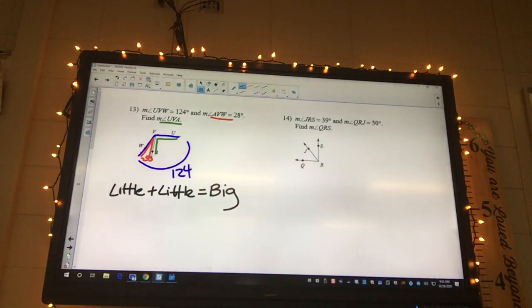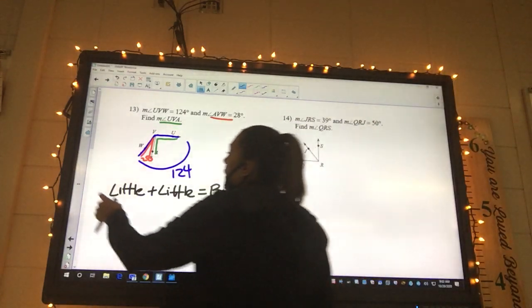And what is this called? Angle addition. So we can take one angle and another angle, and they should equal the big angle. So what is one of our little angles?